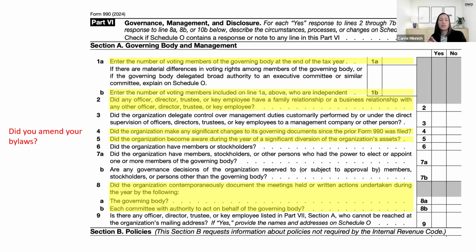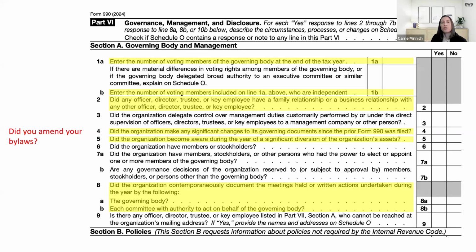It feels that those organizations that either have a family relationship or a business relationship will succumb to groupthink, and you won't get the diversity that is really needed to be successful as a board. You can have related parties obviously. You just have to disclose those on the Form 990.